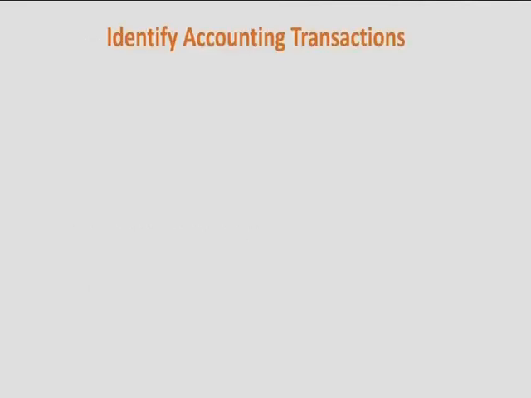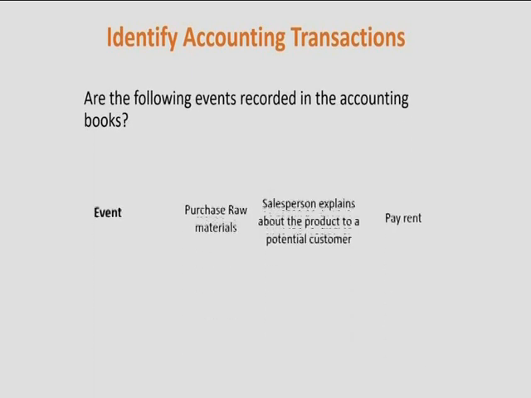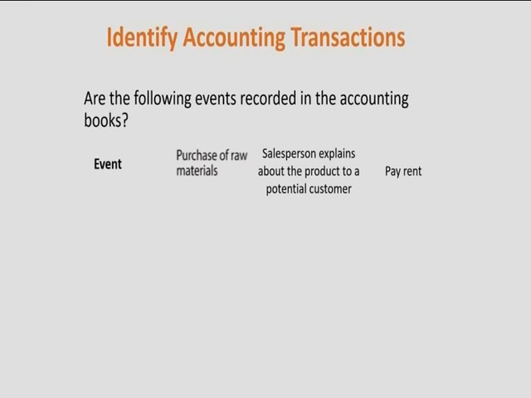Let us now identify some accounting transactions. Take this as an example. Are the following events recorded in the books of accounts? The events are: 1. Purchase of raw material. 2. Salesperson explains about the product to a potential customer. And 3. Pays rent.